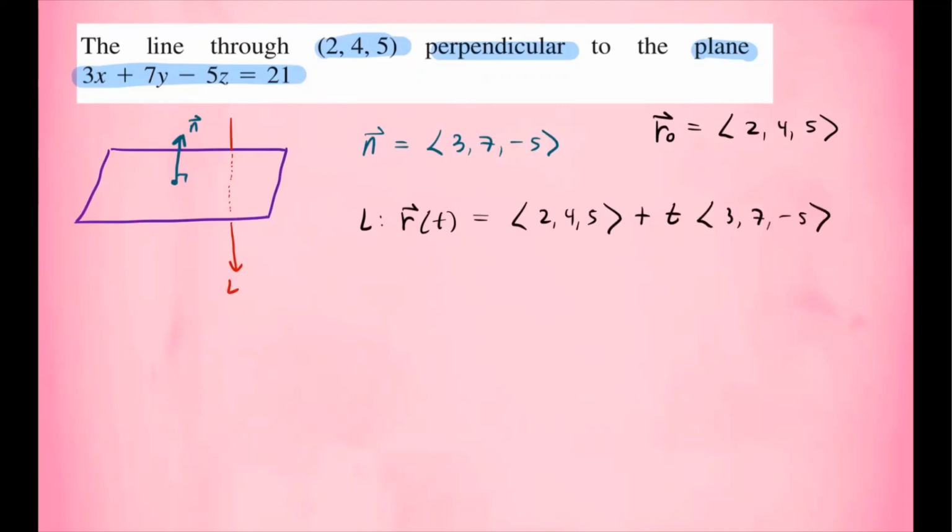That will be the vector form of the line. And the parametric form will be x equals 2 plus 3t, y equals 4 plus 7t, and z equals 5 minus 5t. And of course, t goes over all real numbers.